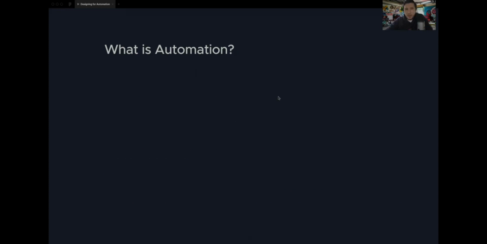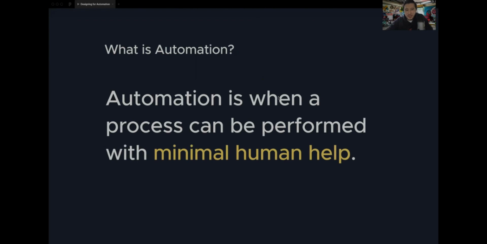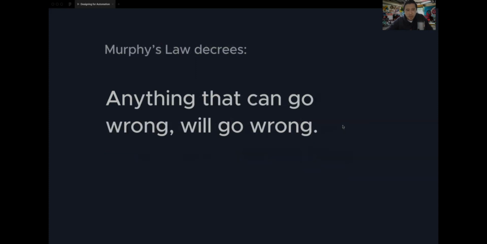What is automation? Automation is when a process can be performed with minimum human help. This technology has revolutionized industries and plays a big role in the complex products we create and use in our daily life. There is a Murphy's law, which says anything that can go wrong will go wrong.